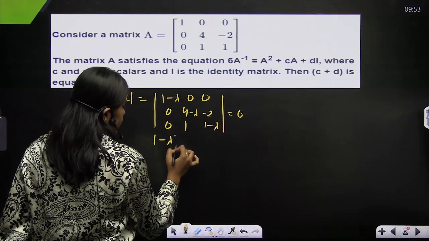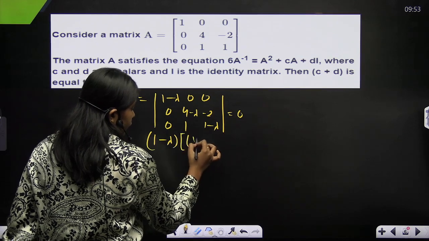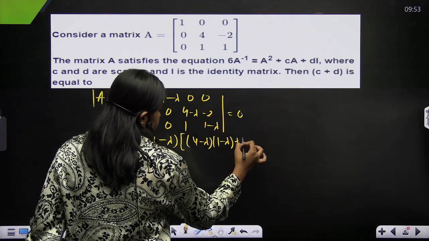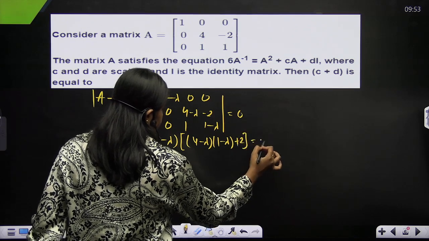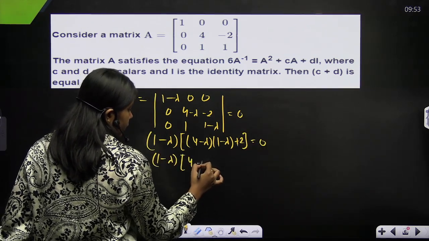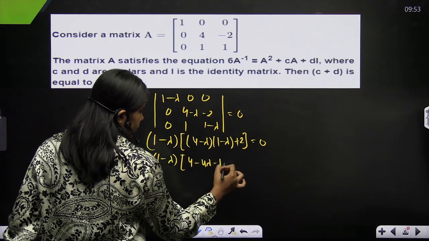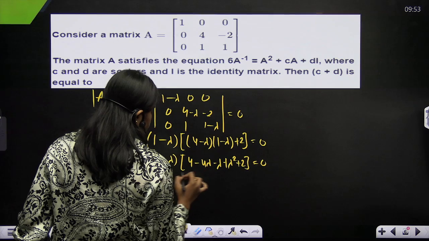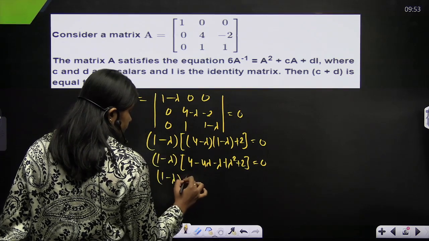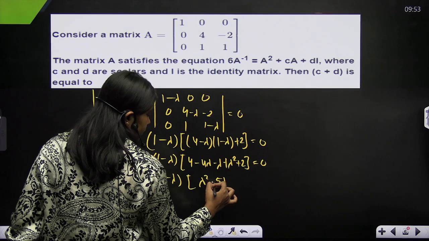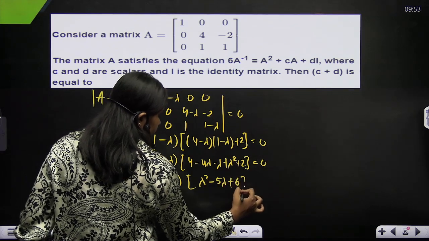So 1 minus lambda, I'm multiplying by 4 minus lambda times 1 minus lambda plus 2 equals 0. So we'll get 1 minus lambda times 4 minus 4 lambda minus lambda plus lambda square plus 2 equals 0. That is 1 minus lambda times lambda square minus 5 lambda plus 6 equals 0.